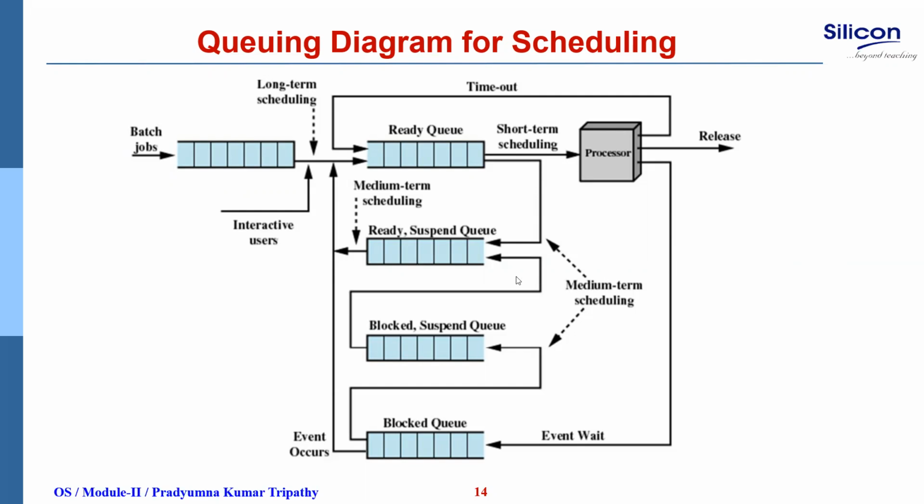Sometimes from the processor it may be given to the event queue or blocked queue. From blocked suspended, it can be brought to the ready queue. I already explained that in the previous diagram. So here your long-term scheduler and here your short-term scheduler works. Is the diagram understood?